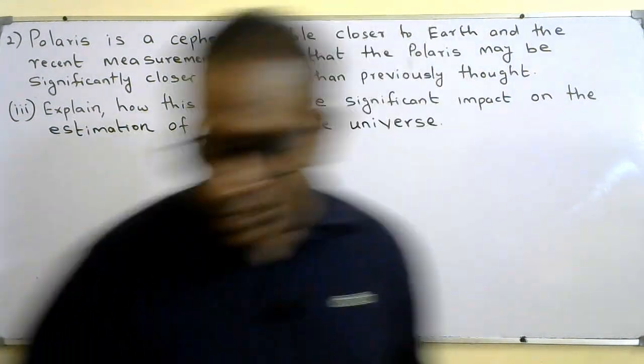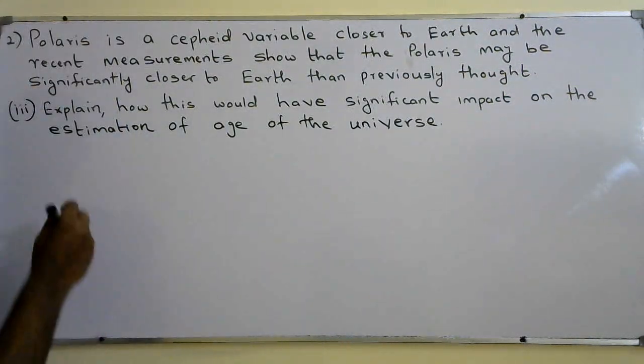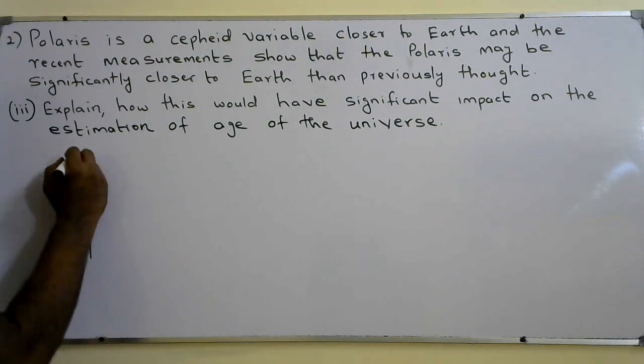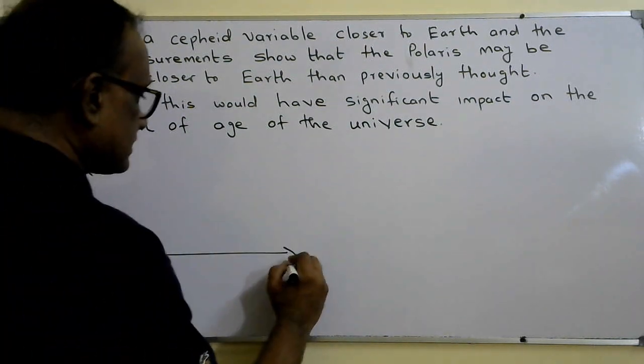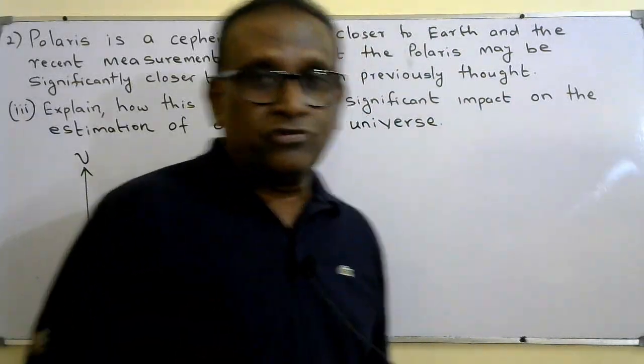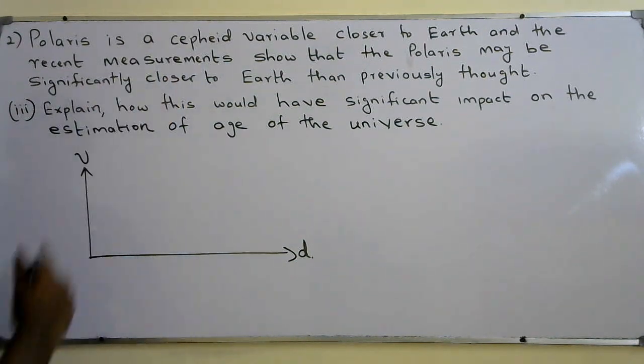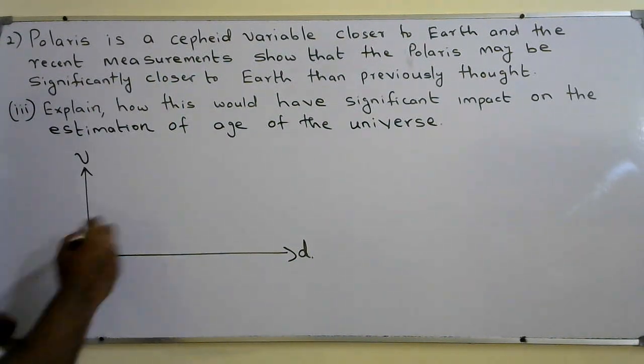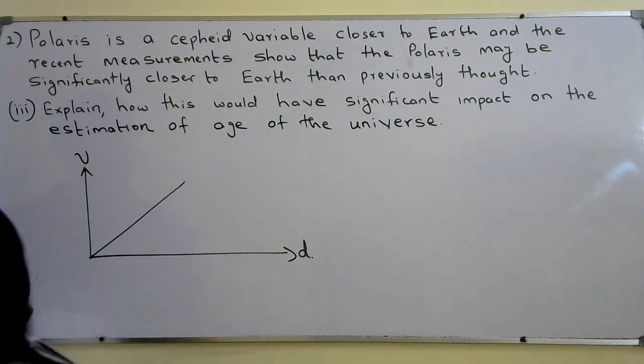So he plotted a graph with speed on the y-axis and distance on the x-axis. The graph that they plotted earlier, before they identified this correction, may be something like this, right?